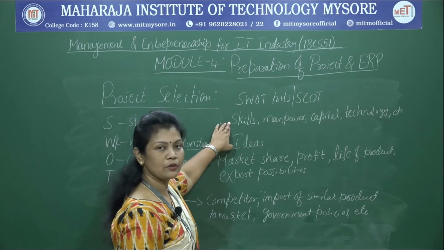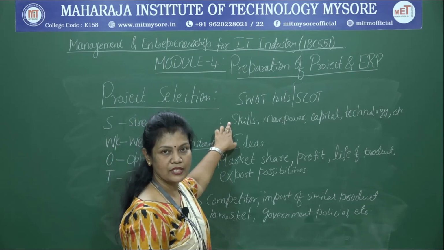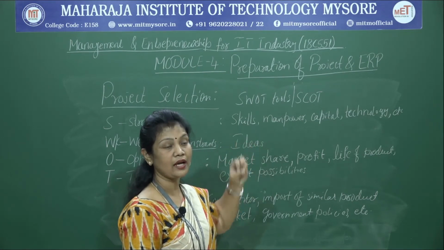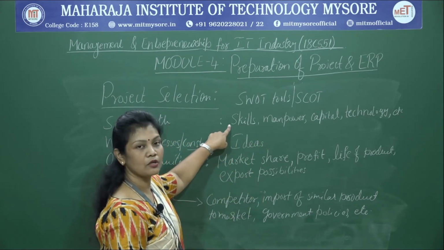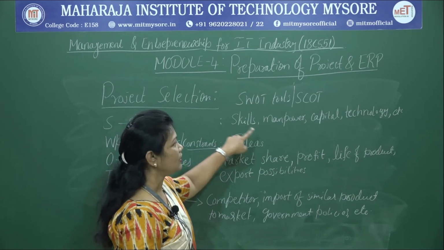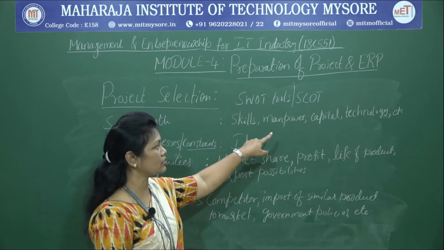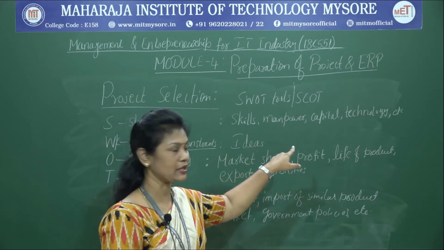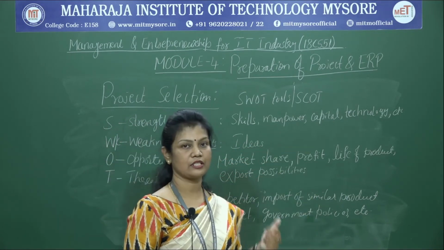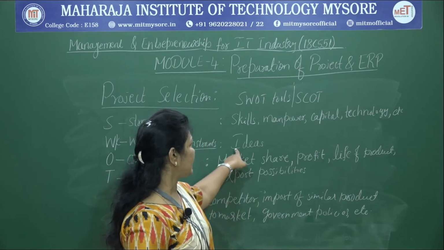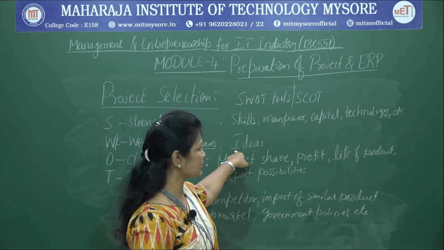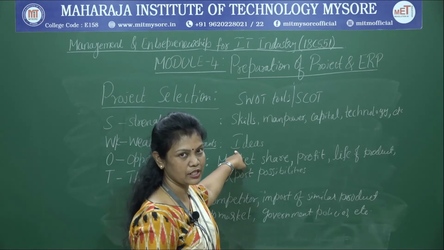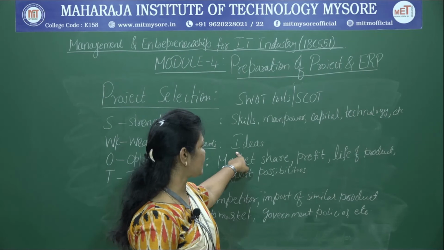They are going to analyze each of the projects they have identified in order to select one among them. They have to look into the skills required, manpower or resources, followed by finance, which in management we can also call capital, what kind of technology is needed and so on. Then ideas to overcome whatever weaknesses they are finding in the project need to be listed down here.